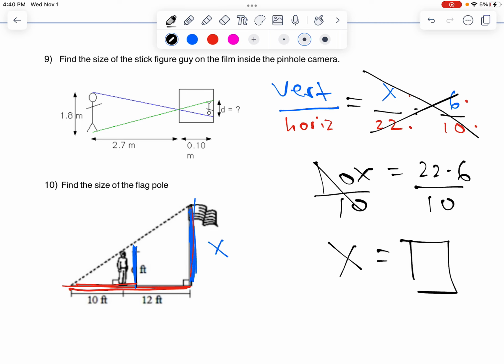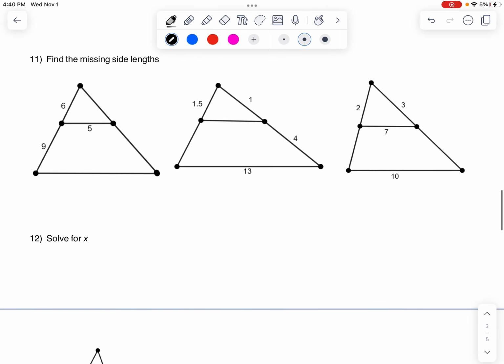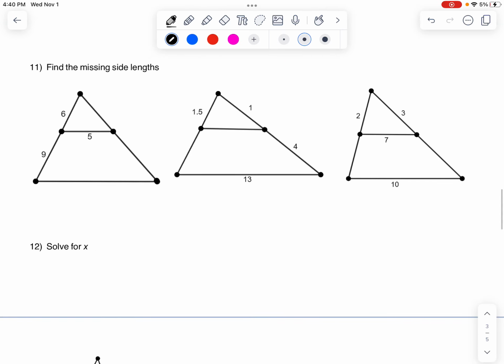Okay, let's keep on going. Okay, find the missing side lengths. Let's do this one first. Let's solve for x. So here we've got this triangle, let's do side divided by base. Okay, side divided by base. So side is 6 and base is 5.